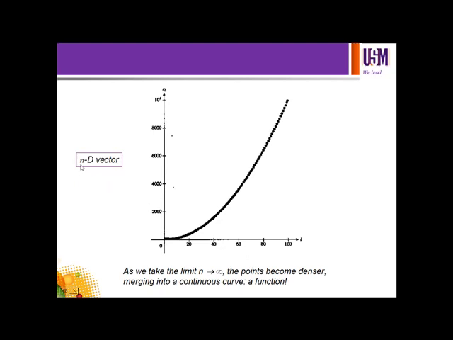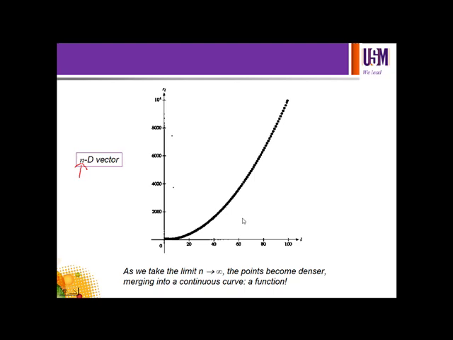If we have n dimensions, as we take the limit of n to infinity, the points become denser. The vector components become connected, merging into a continuous curve. To describe the shape of the curve, you have a formula for it, so it is a function.